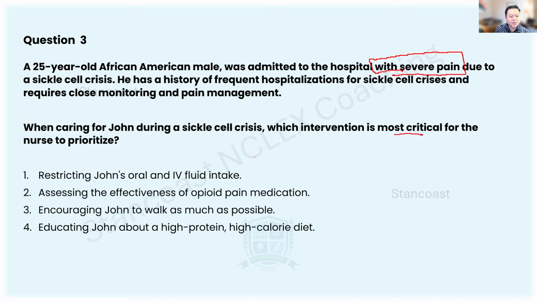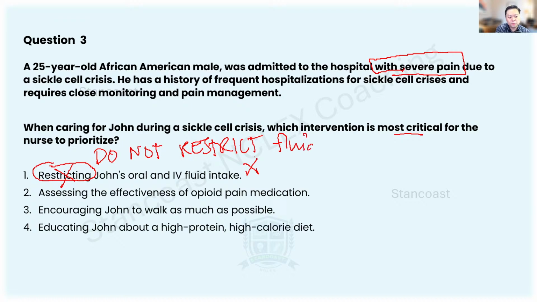Well, let's try to eliminate the items first before we end up with the correct answer. 1, restricting John's oral and IV fluid intake. Are you supposed to restrict their fluid intake? No, we are not supposed to restrict. This is wrong. Do not restrict fluid intake. The fluids should be increased instead.